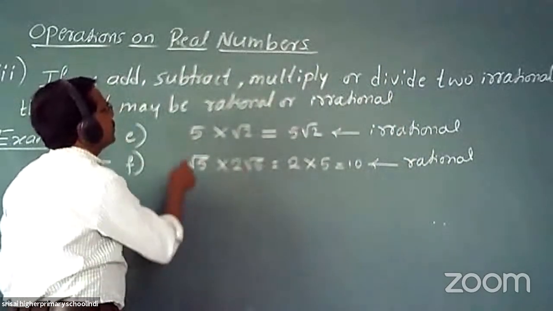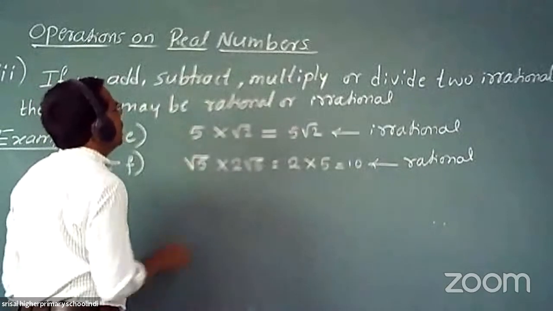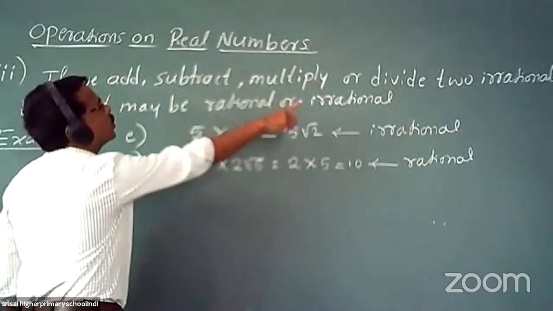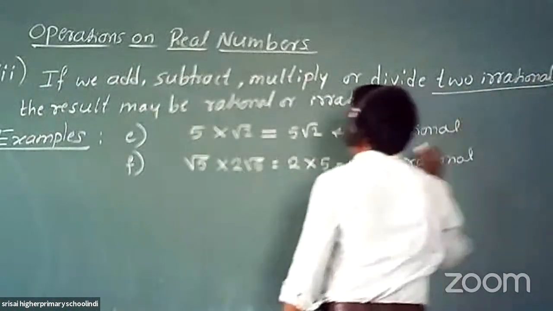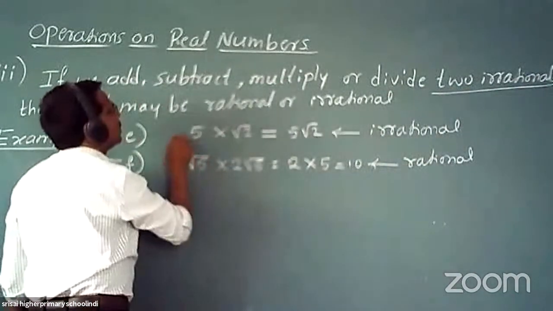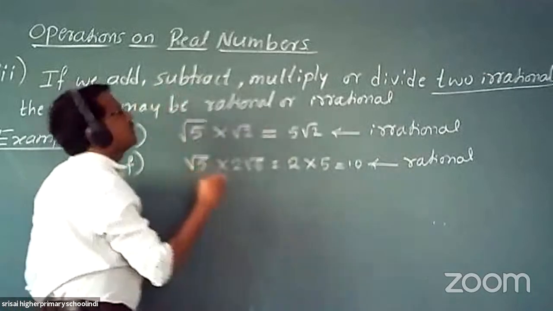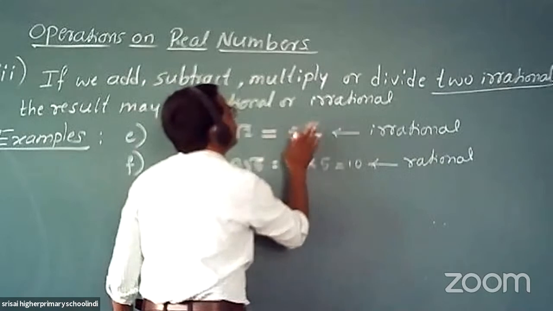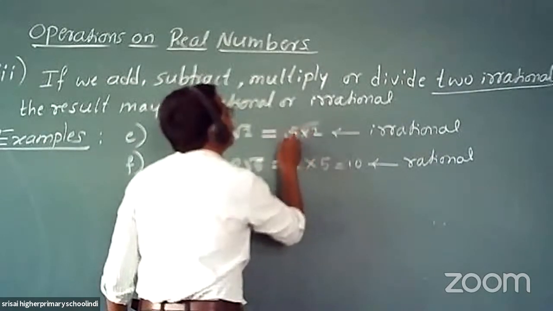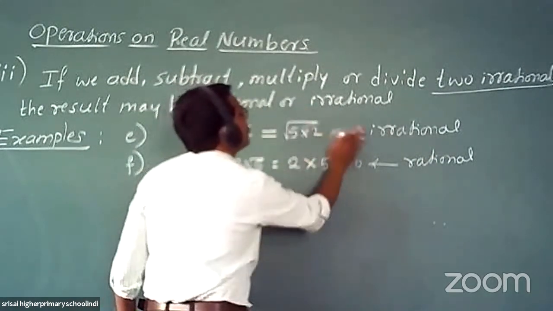Okay, students, we make a little change here. They have told two irrationals only, two irrationals, not one rational. This also you take as irrational. If we take this as irrational, this becomes 5 into 2. 5 into 2 is what?